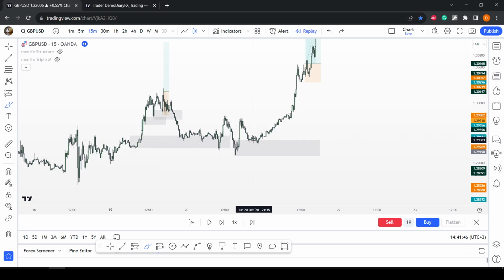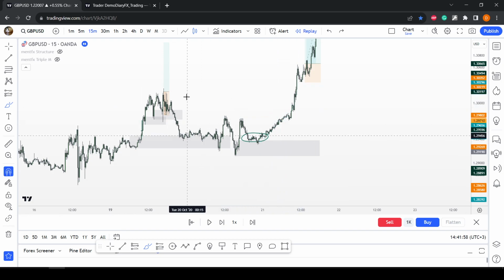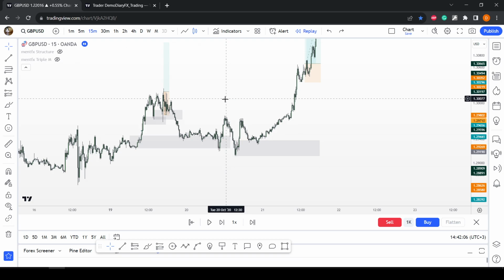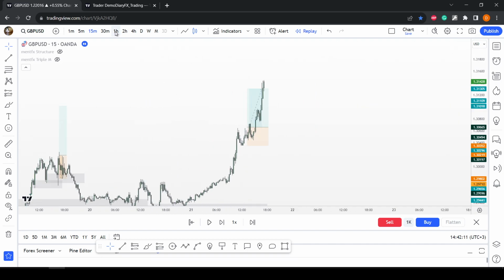So in this moment, the price is not moving up or down. It's just in the zone. But here, it already has a reaction and a big one, and now it's ready to continue. It's a really interesting pattern, and it definitely saved me a couple of losers. Yeah, so let's just continue.